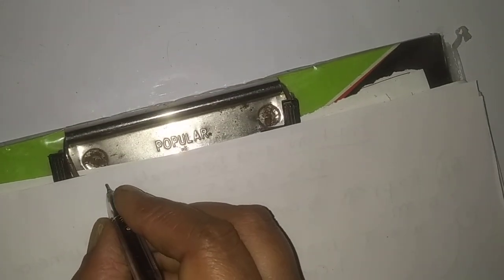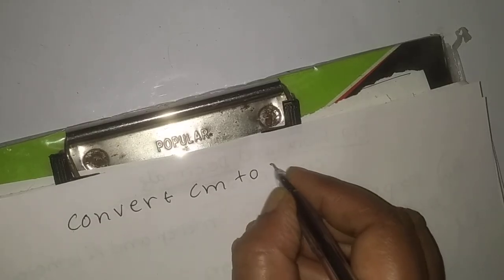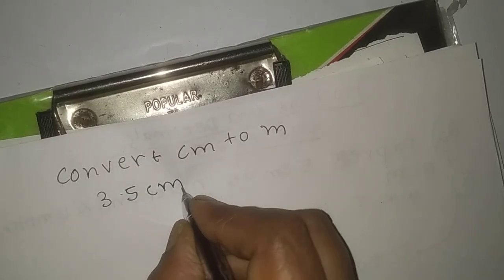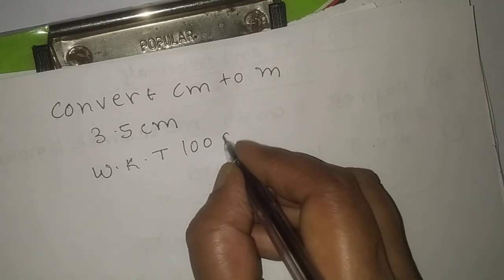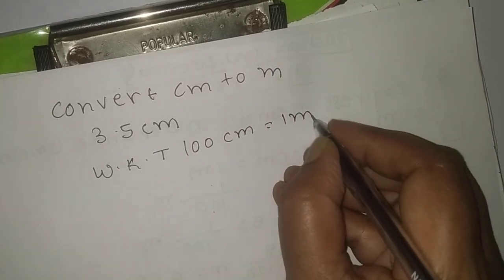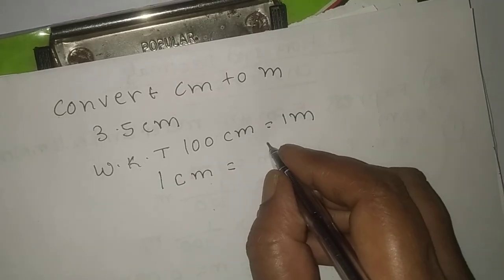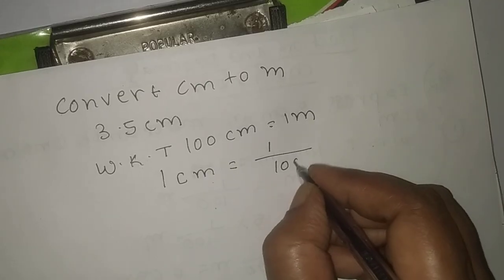Now we convert centimeters into meters. So we'll take 3.5 centimeters. Therefore we know that 100 centimeters is equal to 1 meter. Therefore 1 centimeter is equal to 1 by 100 meter.